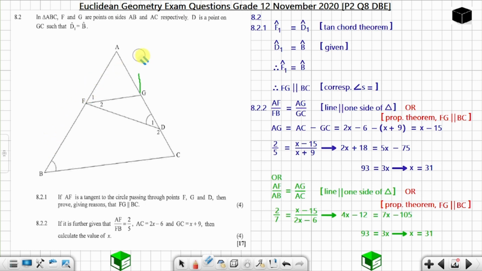We can solve this question using another combination.